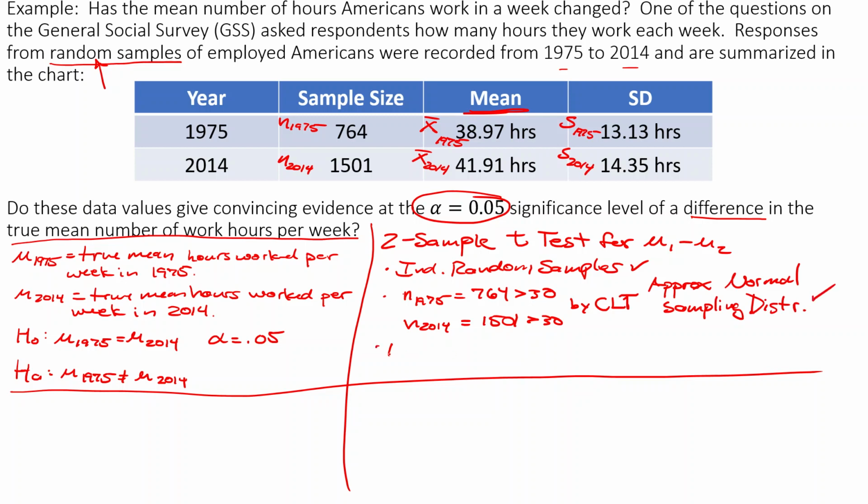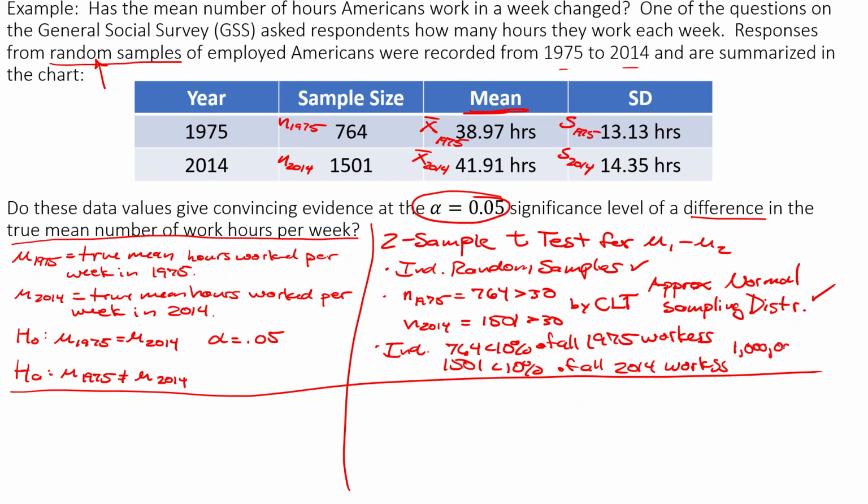And independence, that should be okay there. 764 is less than 10% of all 1975 workers, and 1501 is less than 10% of all 2014 workers. We should have millions of workers, so we should be good there. So all the conditions work out.